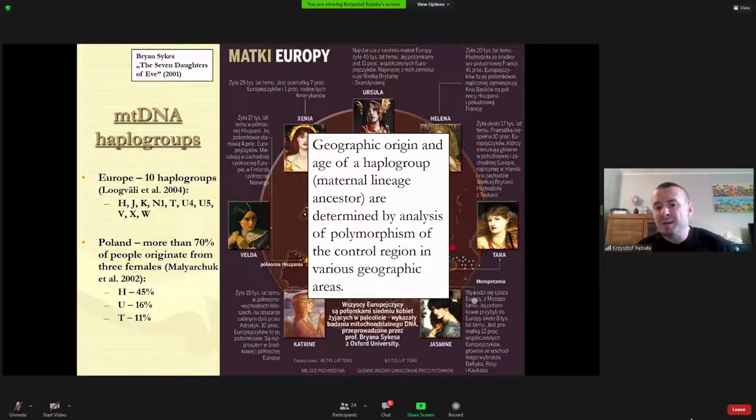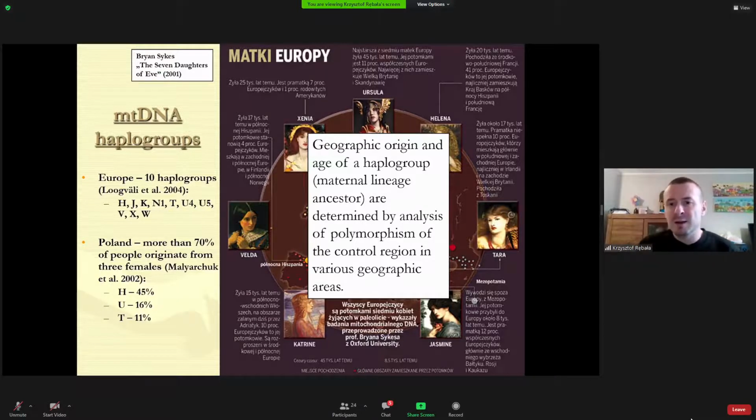And based on the variation of the control region within this haplogroup in different regions of the world, you can predict the geographic origin of the haplogroup. The more diverse this haplogroup is in a region, the more likely this is the homeland of this haplogroup.